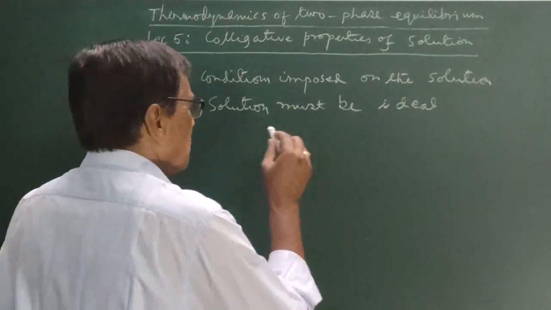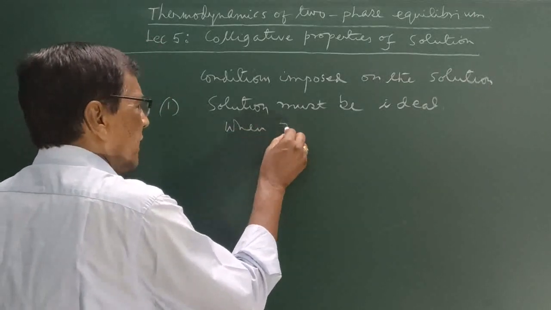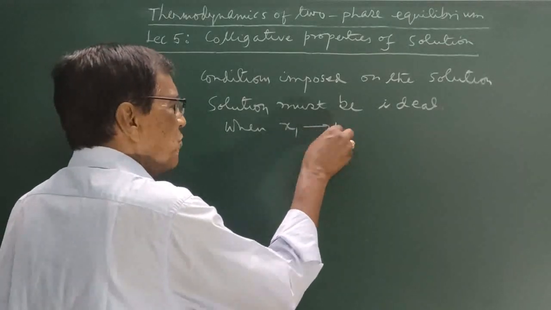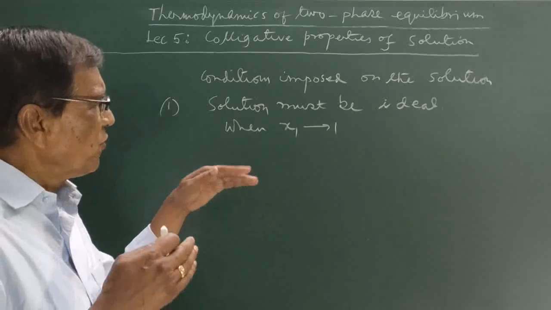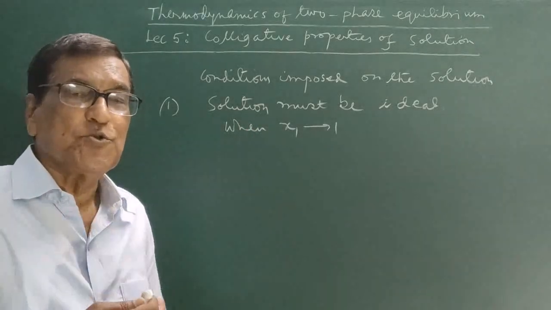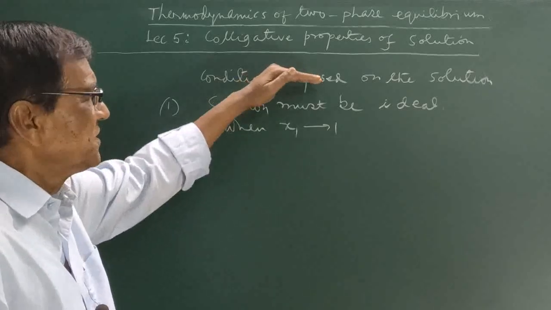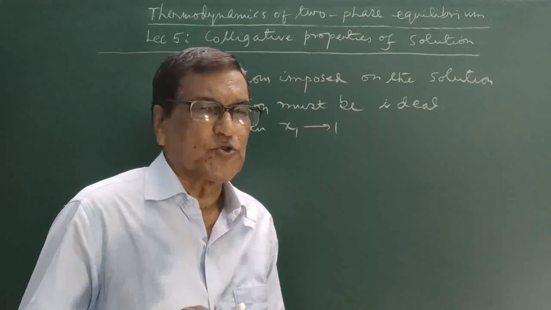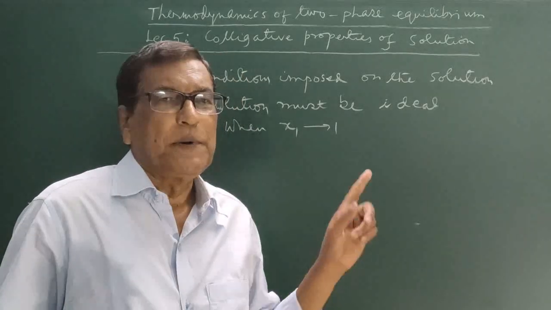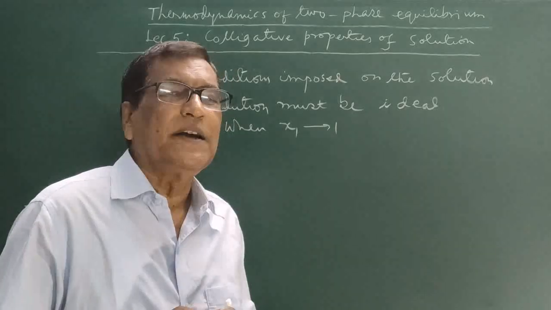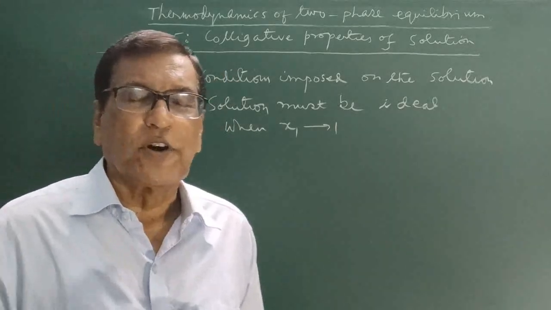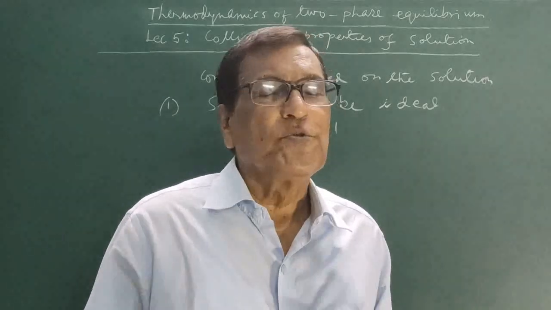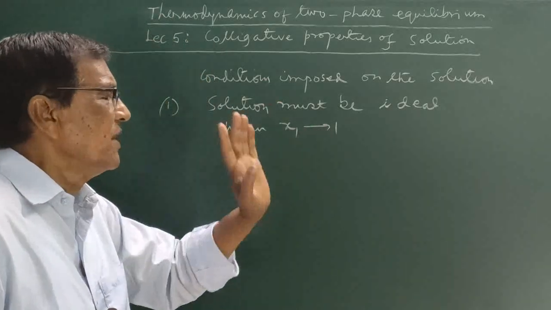That means when x1, the mole fraction of the solvent in the solution, tends to 1, the mole fraction of the solute tends to 0. Under this condition, the solution is very dilute and it behaves ideally. And I have also shown in the diagrams vapor pressure versus the mole fraction of the solvent. Now, whenever the solution is dilute, non-ideal solutions behave ideally, and these two curves merge together whenever x1 tends to 1.